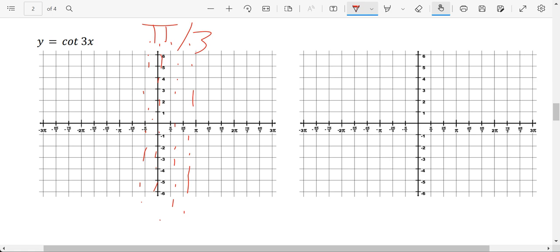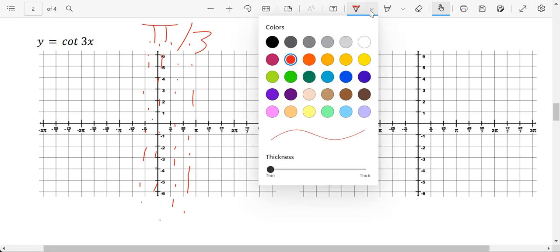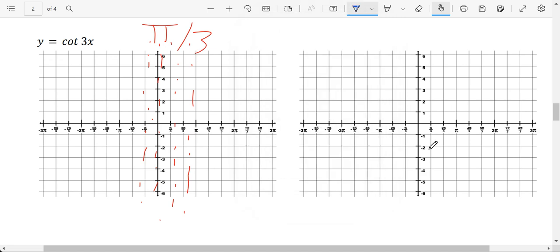So every pi over 3, you're getting an asymptote. Okay? And since cotangent, you start at 0. Okay? And all your intercepts are going to be halfway in between. So at 5 pi over 6, that's going to be 1/2 pi. Pi over 6, and then that's going to be a tight squeeze here.